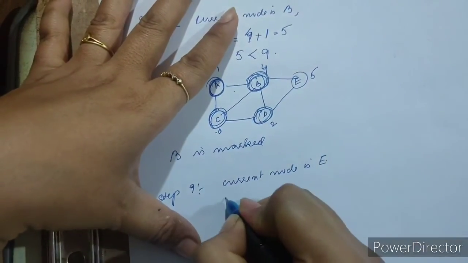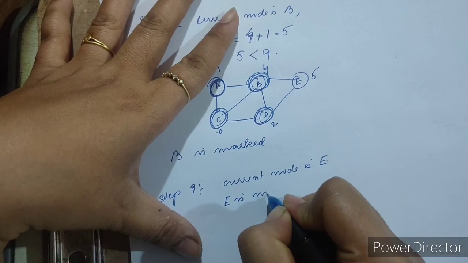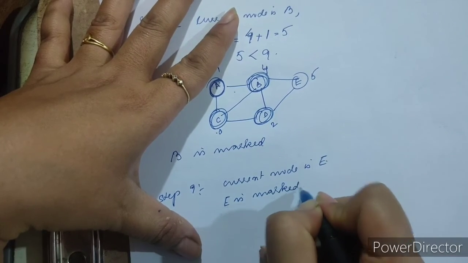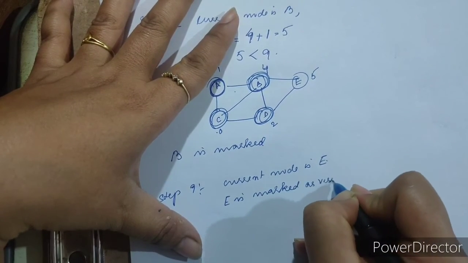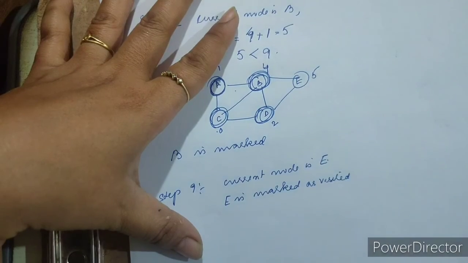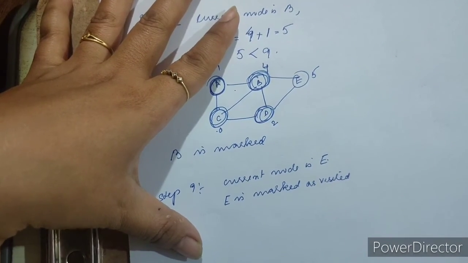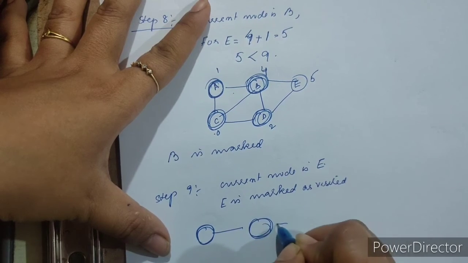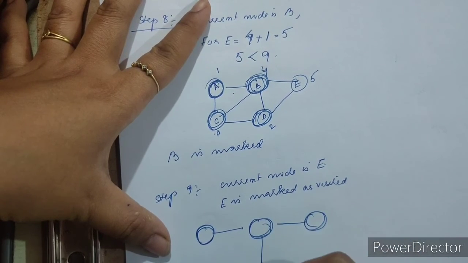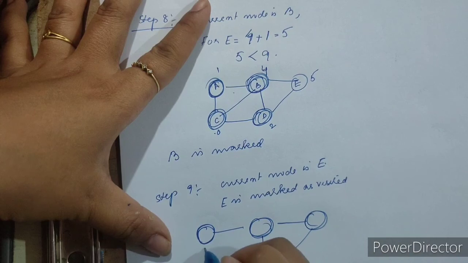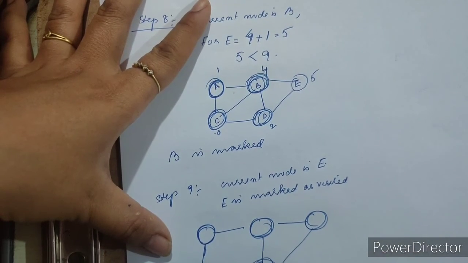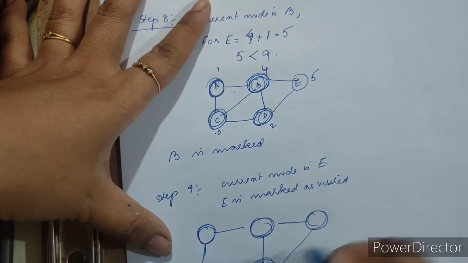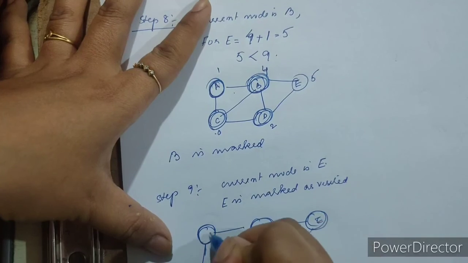So you get the final answer like this. This is also visited, this is also visited, this is also visited, this is also visited. C, D, E, B, A.